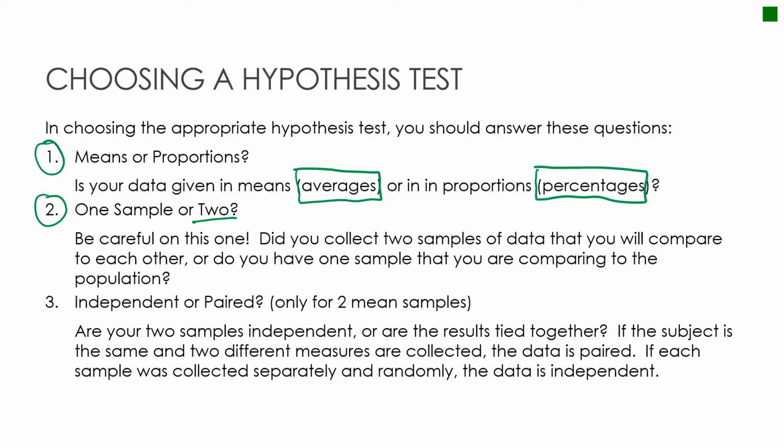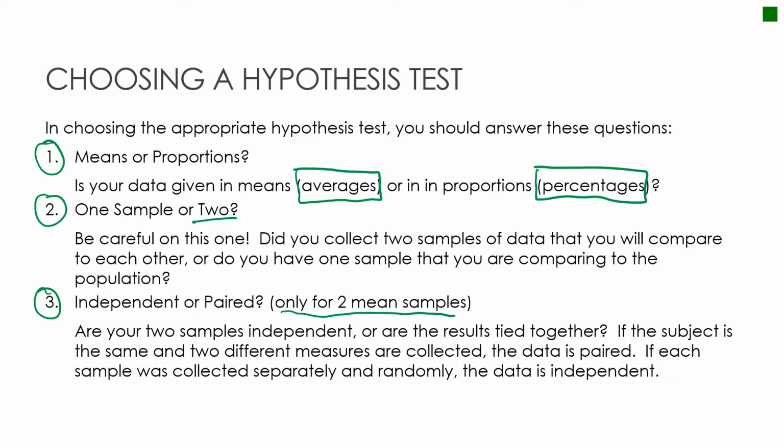The last question is independent or paired, and this only happens if we have two mean samples. If I have a mean of heights of men and a mean of heights of women, then I need to ask myself, is that data independent or paired? Which means, are the two samples somewhat related or tied together, or am I just looking at two measures?